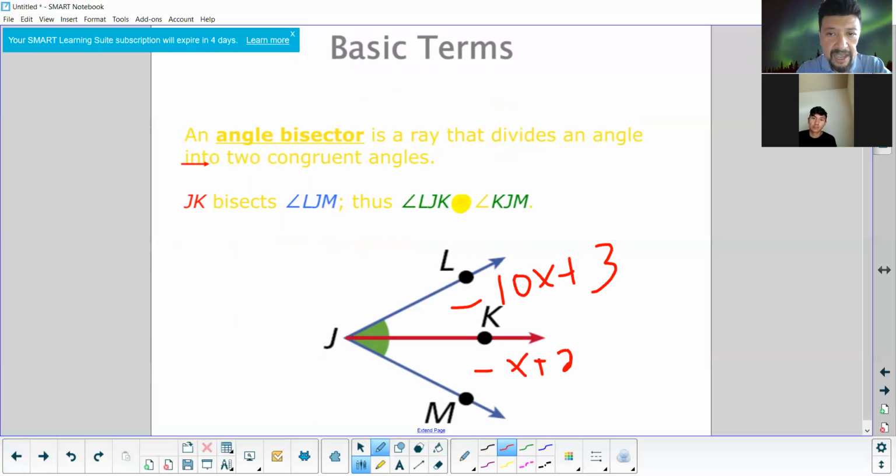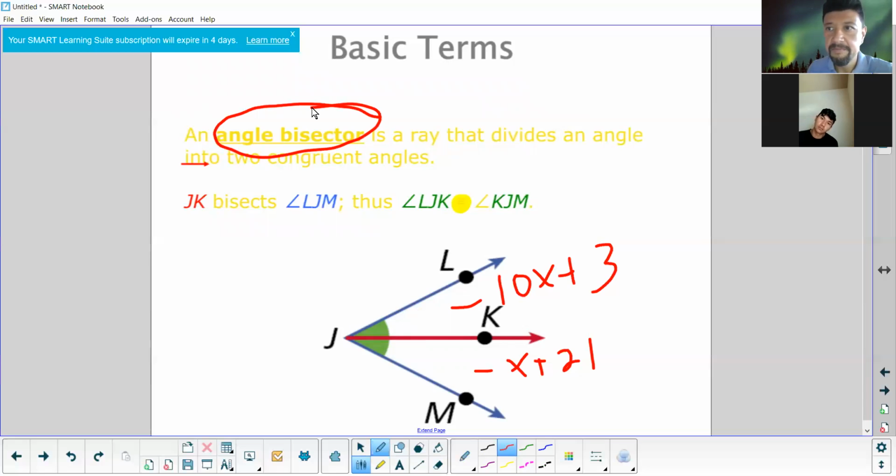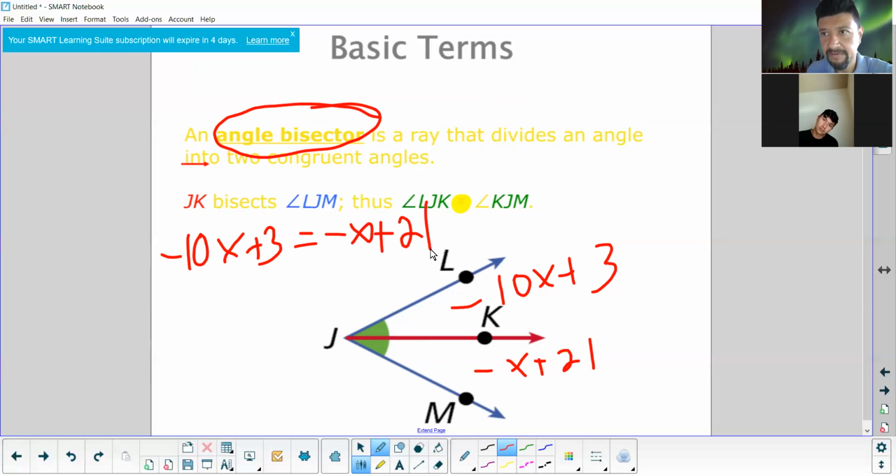So all that we have, if it's an angle bisector, the biggest benefit I receive is that now I could write down the result that 10x plus 3 equals negative x plus 21, and now I could go ahead and find the solution. So if I was going to find the solution using this, I take the smaller x, and this is kind of weird.